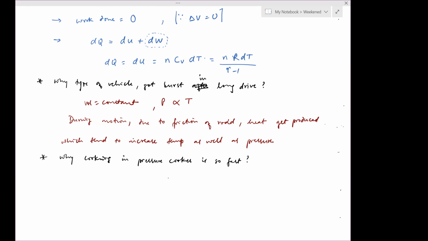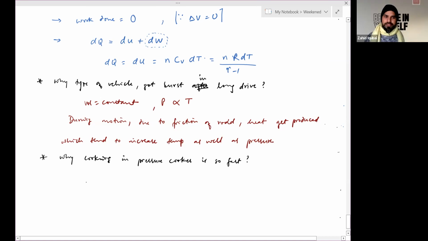Because of the pressure in the pressure cooker. Since in this pressure cooker, volume will be constant, again pressure will be directly proportional to temperature. So the air enclosed within that pressure cooker will generate more pressure, and on increasing pressure, it will tend to increase temperature more, and hence it will increase the rate of cooking.